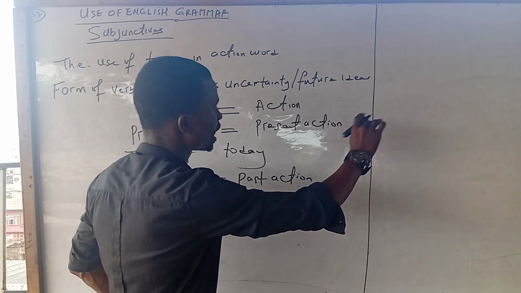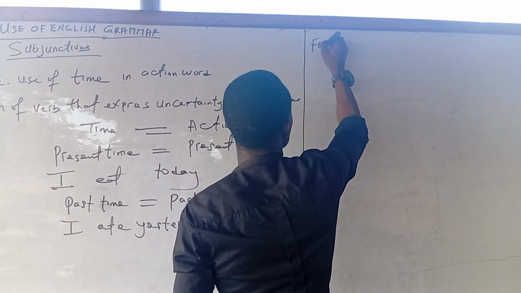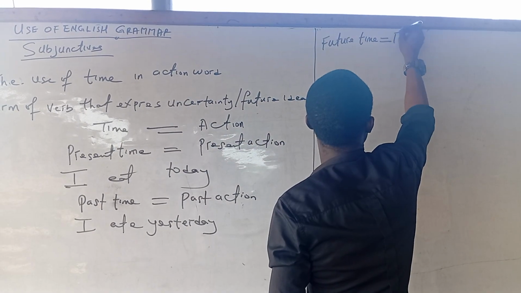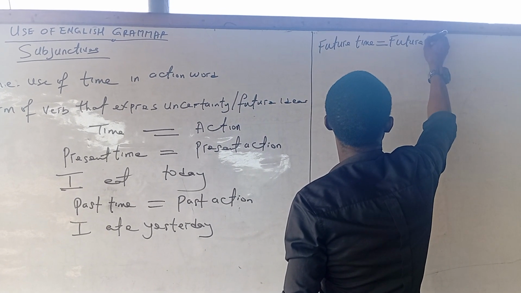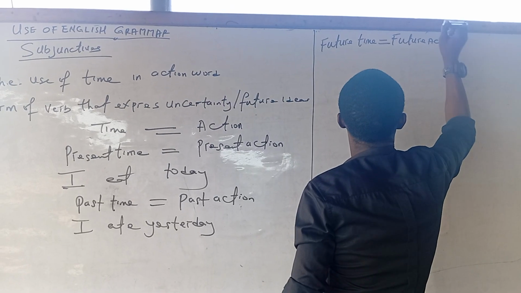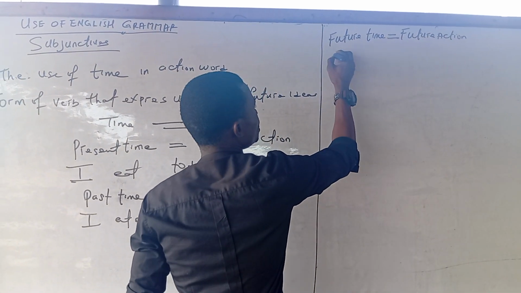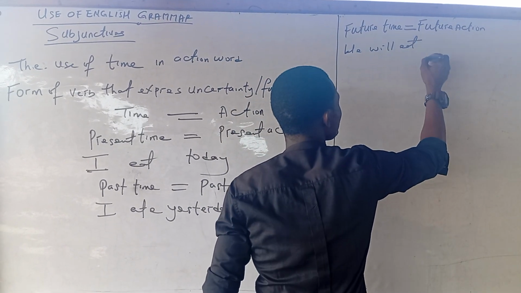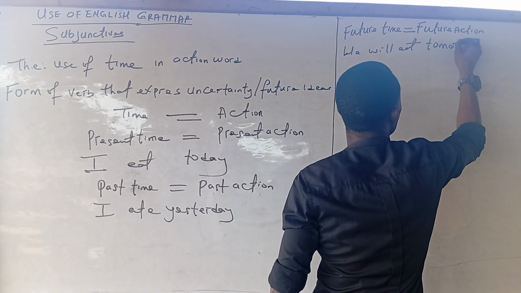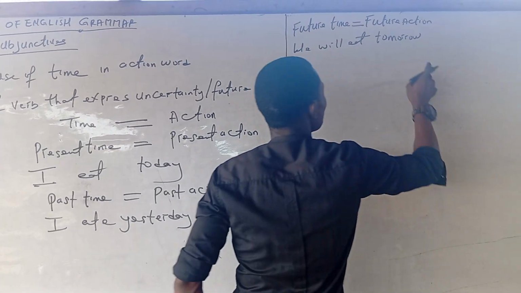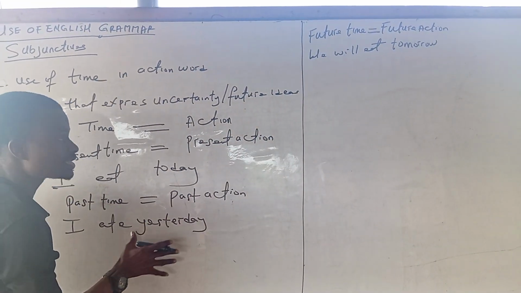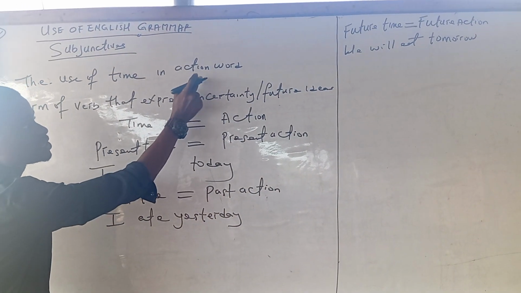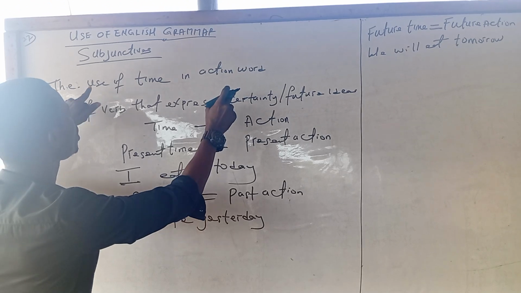And also, you can have future time, which is equal to future action. You can say, we will eat tomorrow. Now, these 3 are the basic idea when you are dealing with subjunctive from this definition, use of time in action words.